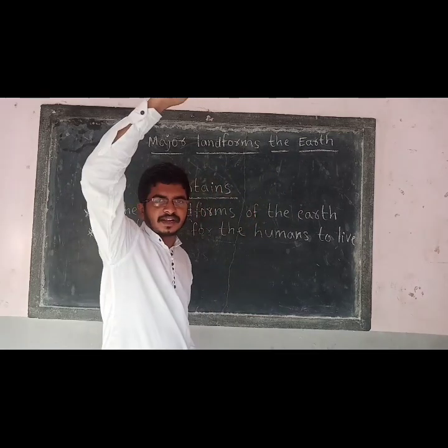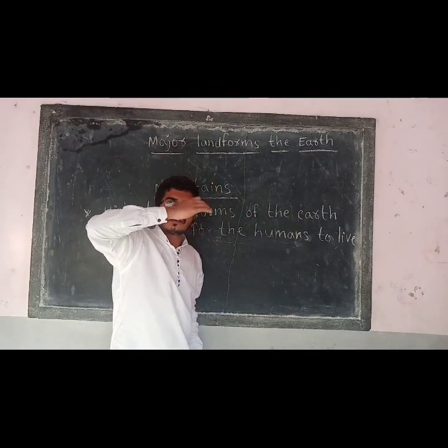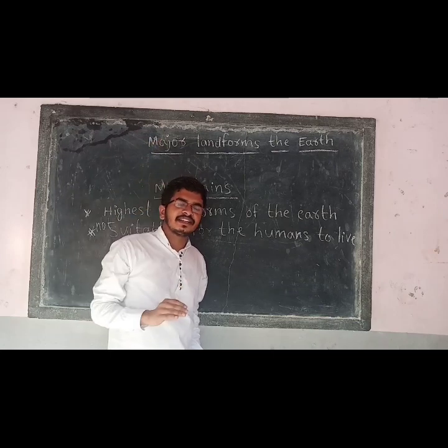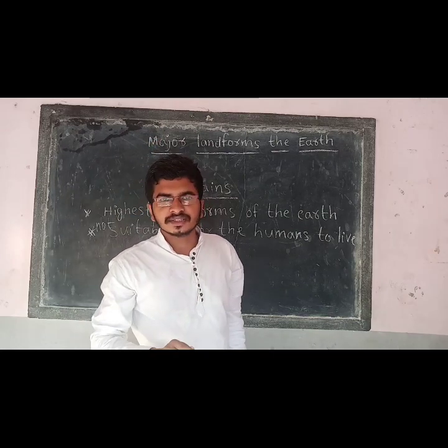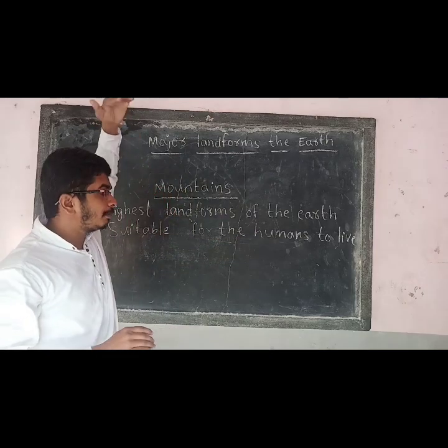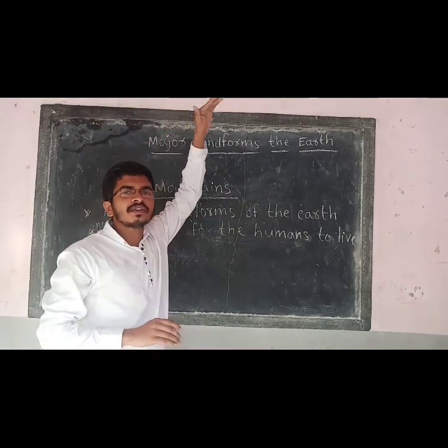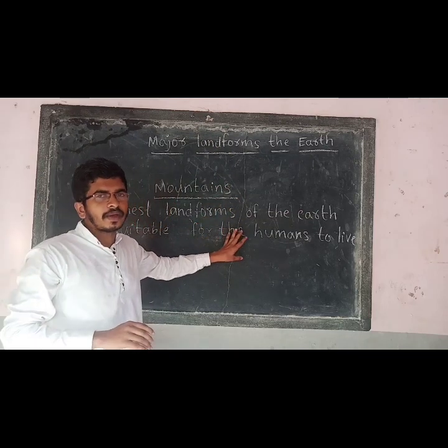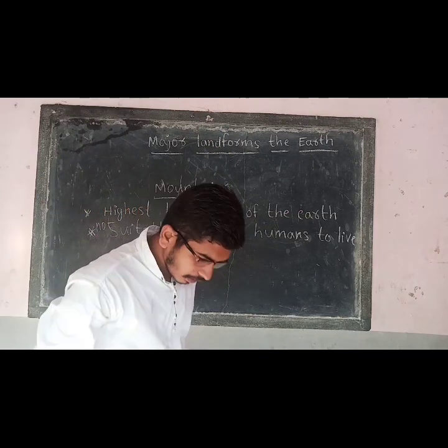As we go upward, for example in space, if you go upward, there will be no oxygen. Once you cross the gravitation, there will be no oxygen. In the same way, as the mountain peaks are high, the oxygen level is very less there.